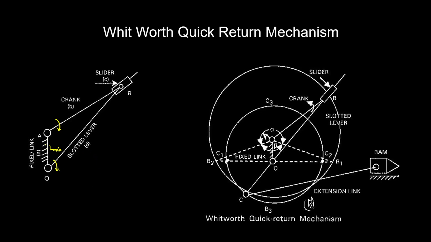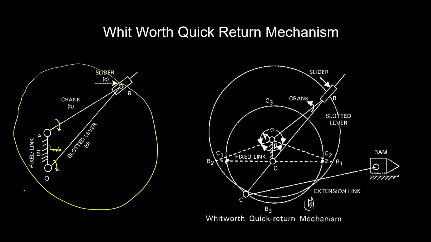So now the locus of point B with respect to A is going to be a circle, a circle of larger radius. And next, the locus of point B with respect to O is also going to be a circle.